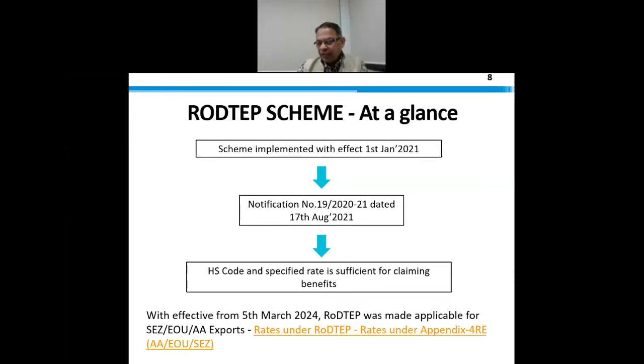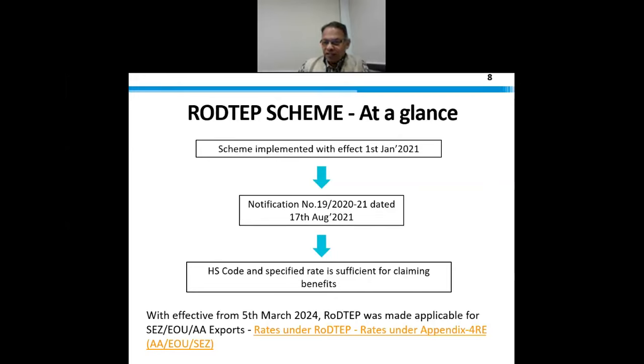Scheme implemented from 1st January 2021. Notification 19 was issued on 17th August 2021. This is also a very interesting thing. You announced the rate in August, but they were made applicable from 1st January.